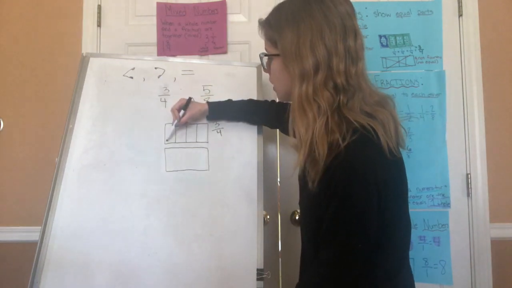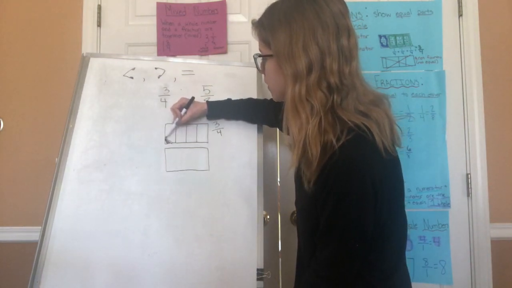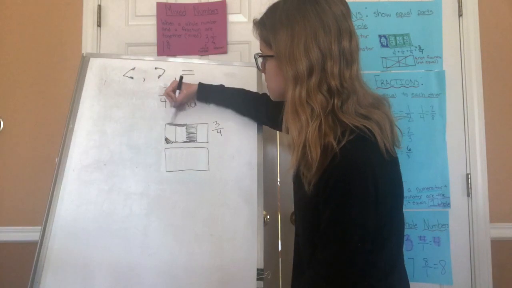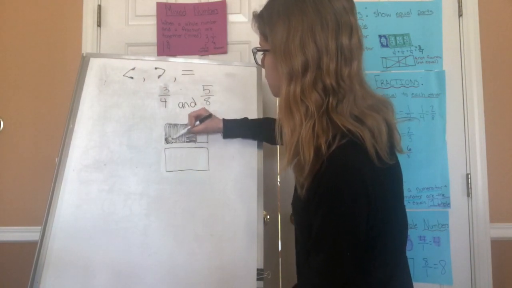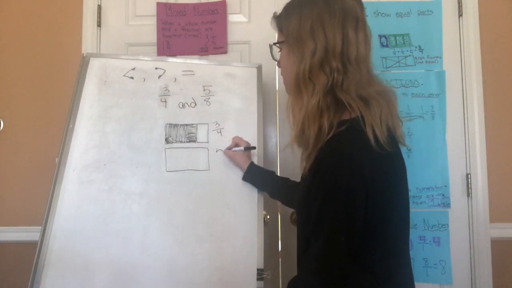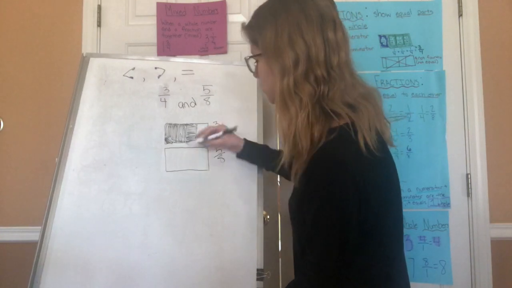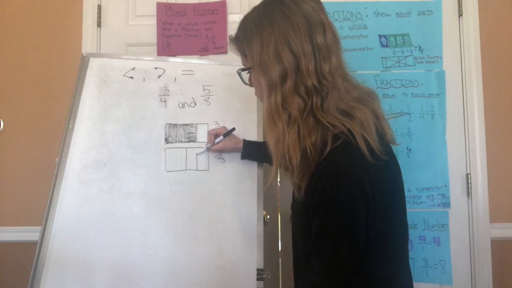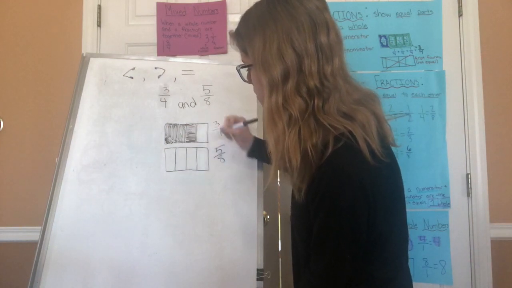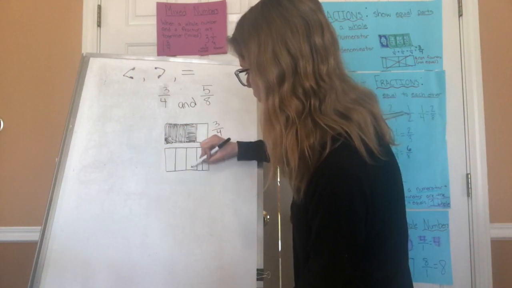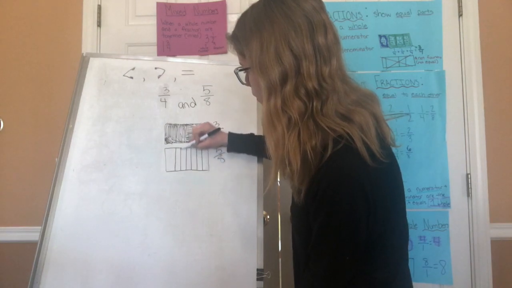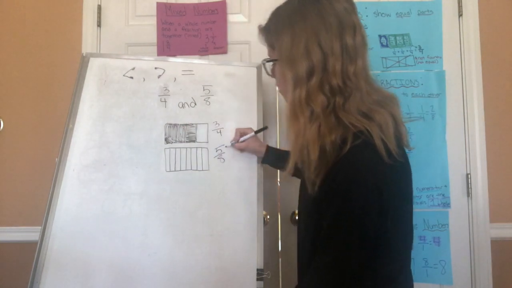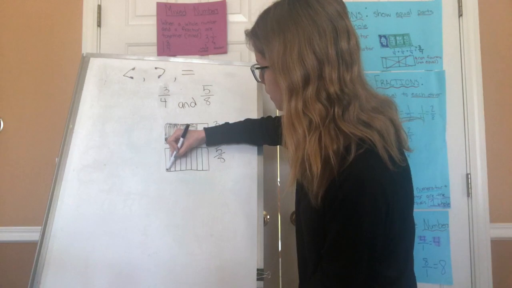I'm going to shade in 3 parts. Now 5/8. I'm going to break it up in half, then make it into fourths, and then break it up with 2 in each fourth. So now I'm going to shade in 5/8.